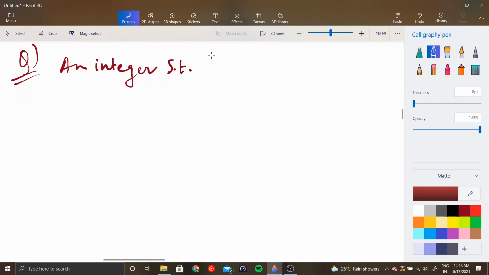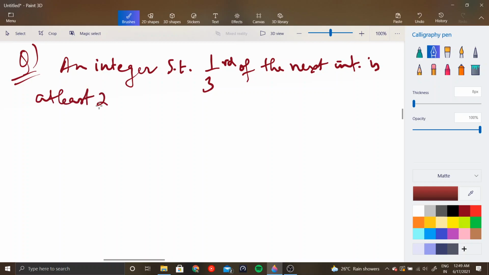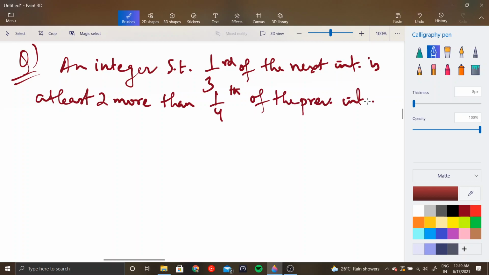It is given that one third of an integer, such that one third of the next integer is at least 2 more than 1/4 of the previous integer, right?